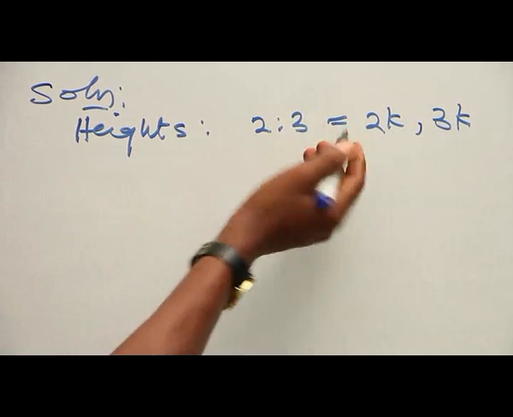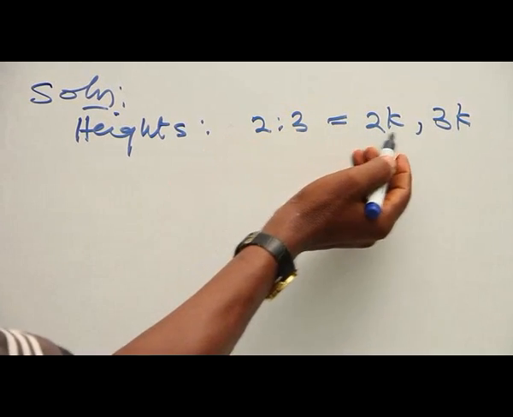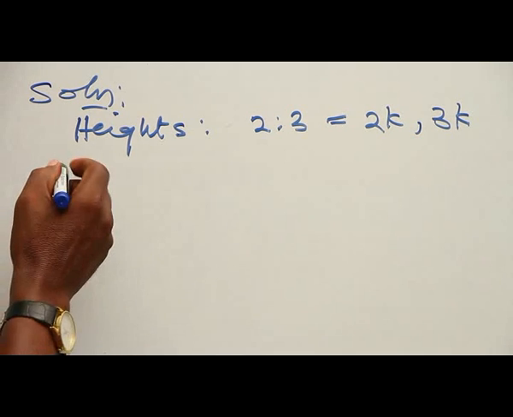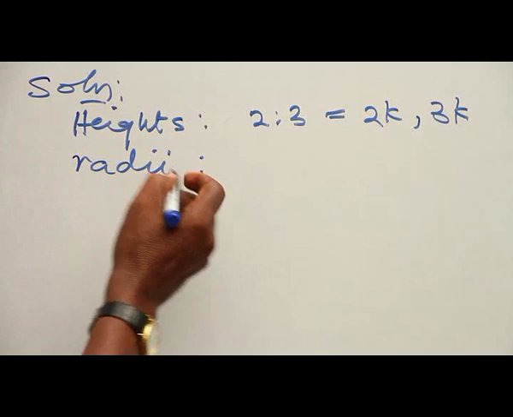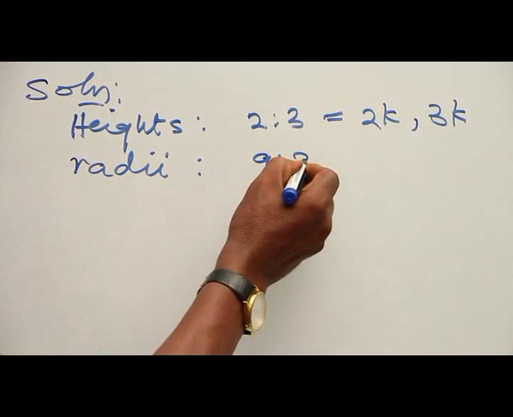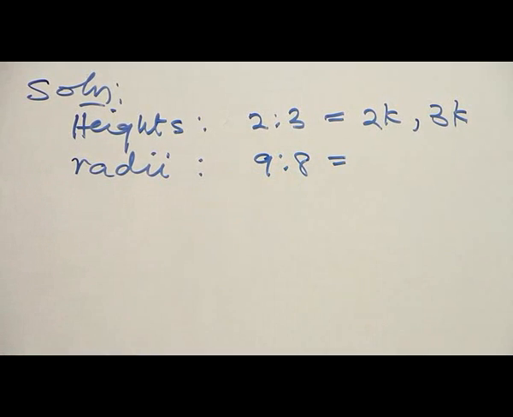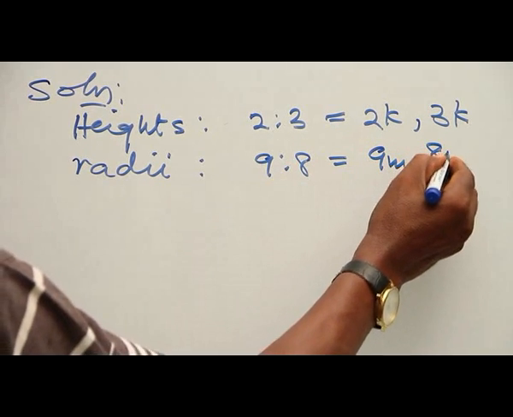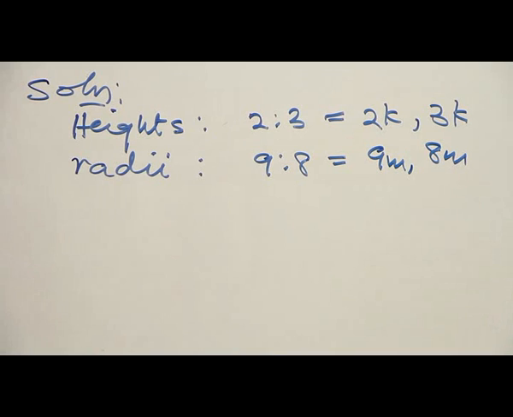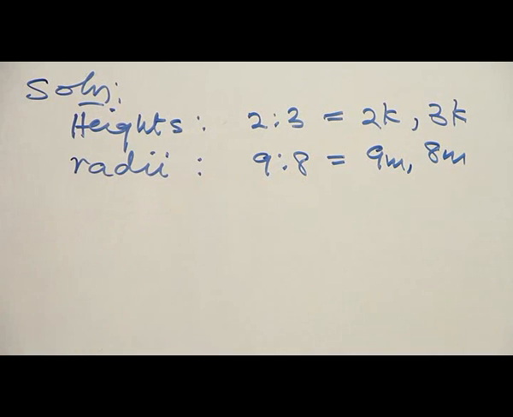So assuming now that the actual values are 2K and 3K. And then we also have the radii in the ratio 9 to 8. So let's assume now that this is equal to 9m and 8m, as they are also given in ratio.